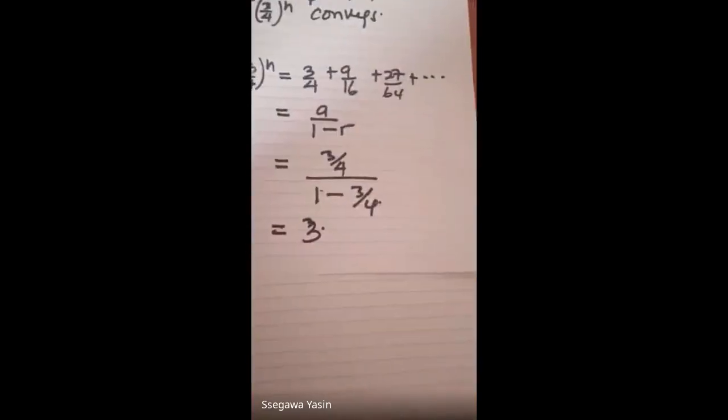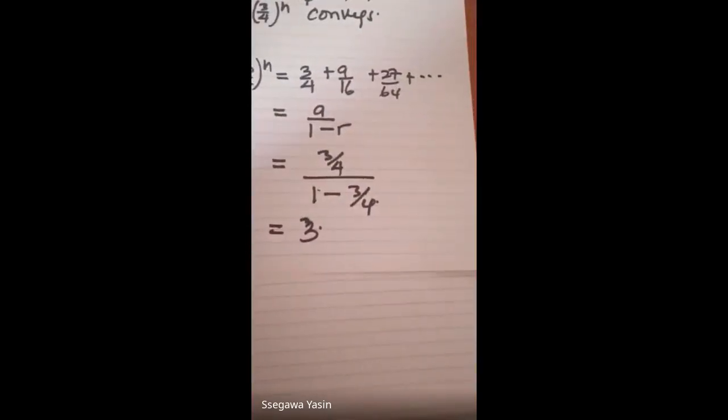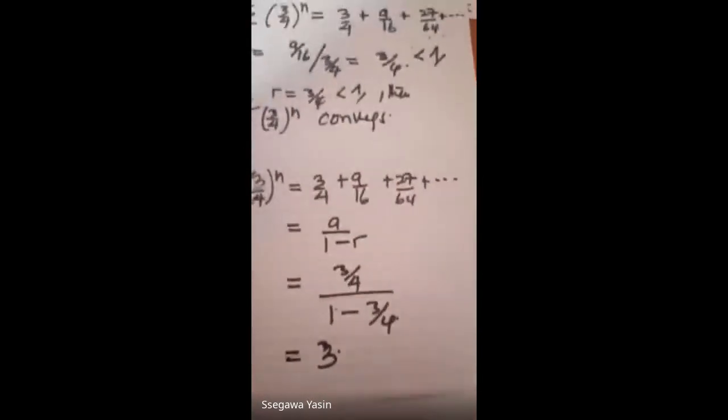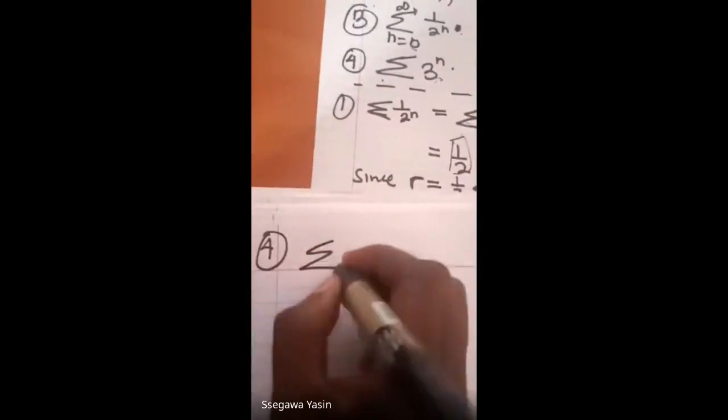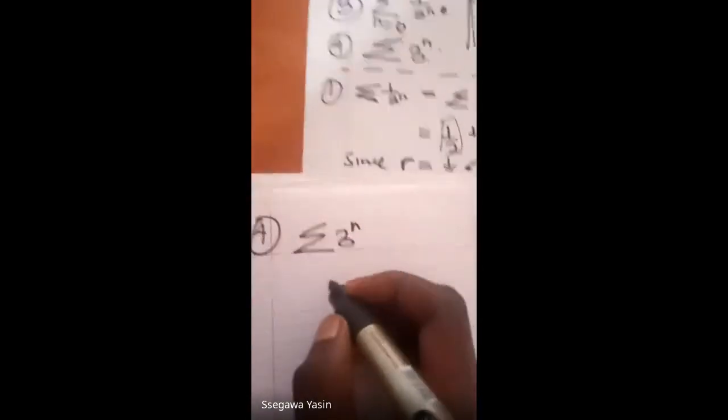Sure. So let's try to move on now to the next phase, which is number 4. Number 4 is this question here. This is the question we are talking about. If we are to handle that, this is the sum of 3^n, but now it is open.